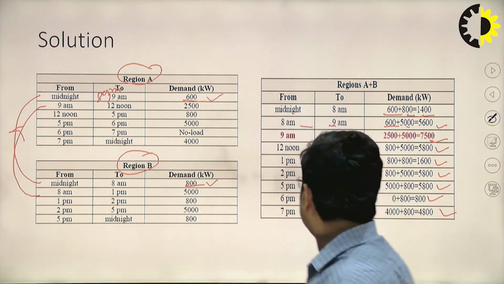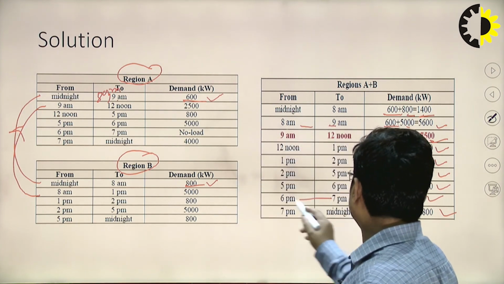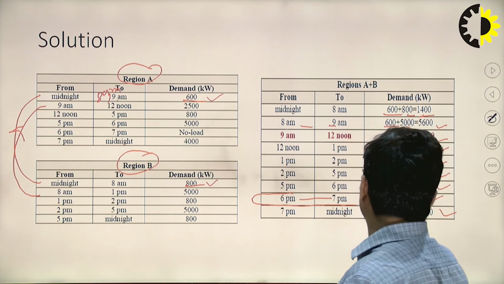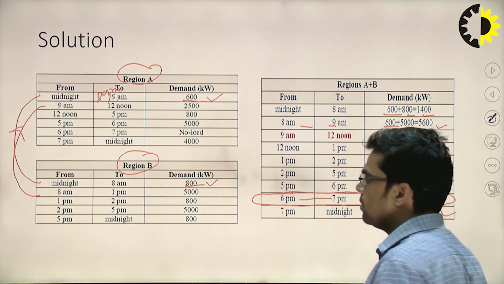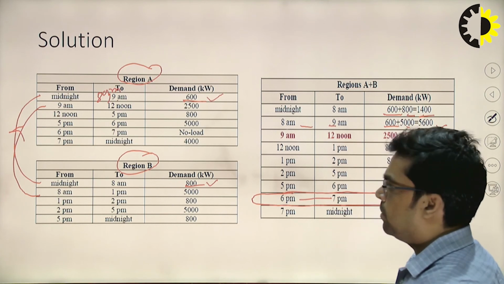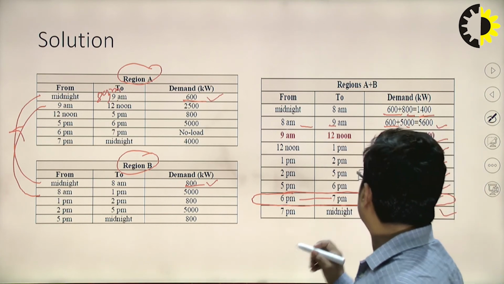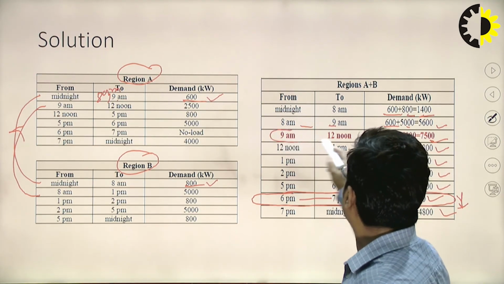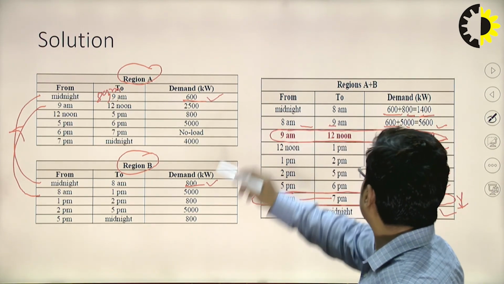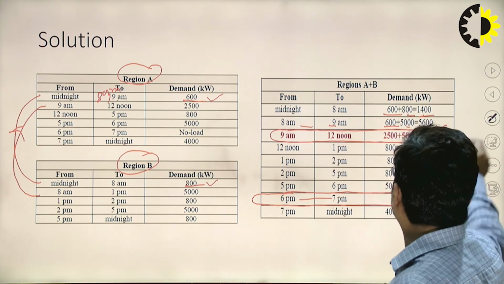So you can see in this table, from 6 PM to 7 PM the usable load will be 800 kilowatt. This is the least, and from 9 AM to 12 noon, 7500 is the highest.